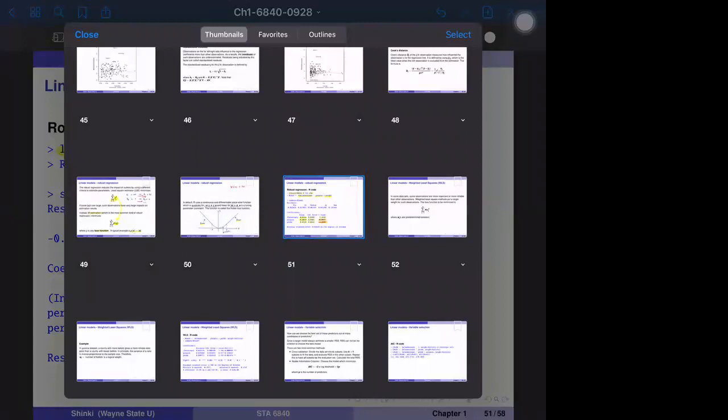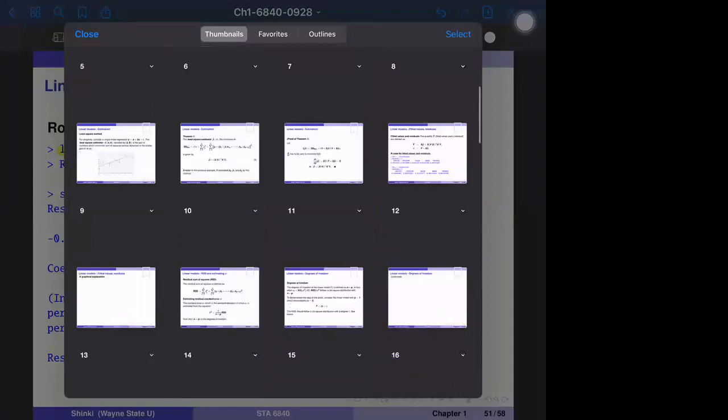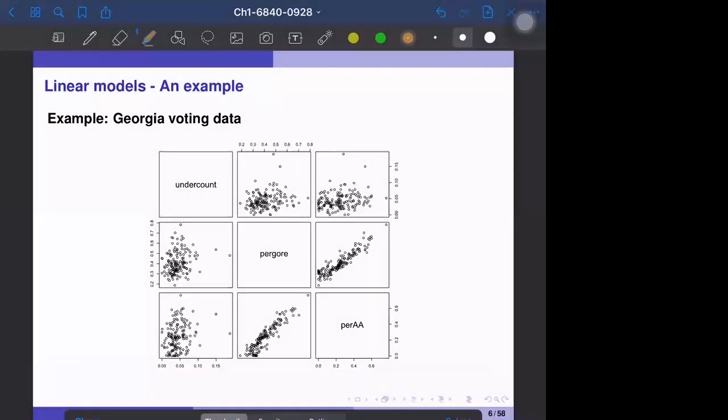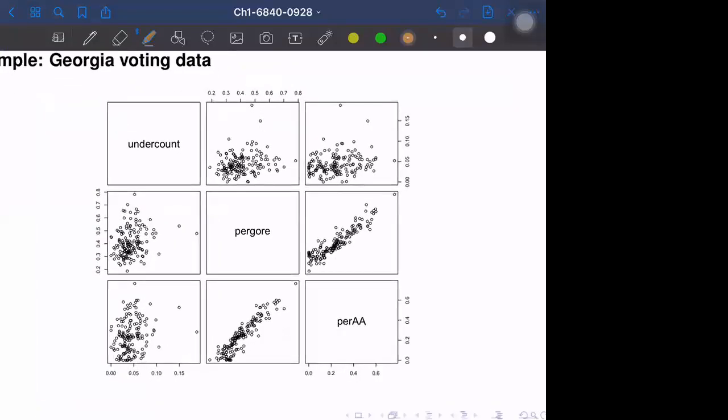Probably that is because, let's think about the reason by looking at the figure. This is the scatter plot for these three variables. Undercount is Y, and percentage Gore and percentage African American are the predictors. Probably these observations are problematic.